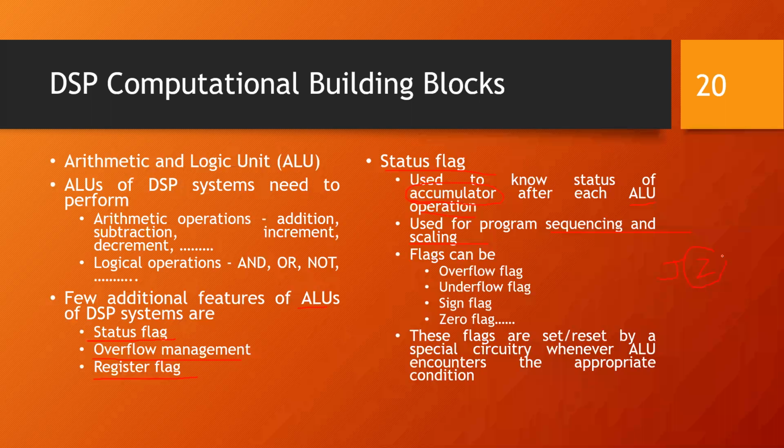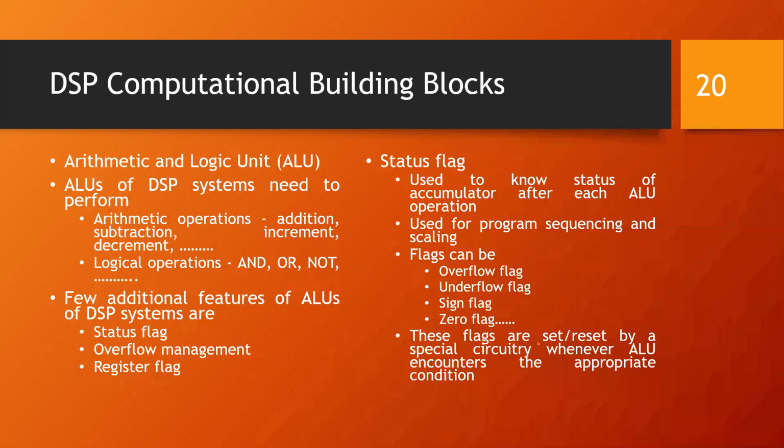If the result is zero, you jump to some label, or jump not zero. So you are trying to control the sequence in which the program is executed. Flags can be of different types: overflow flag, underflow flag, sign flag, zero flag, and if you continue, carry flag. There are n number of flags which can be present, and based on that, you can operate accordingly.